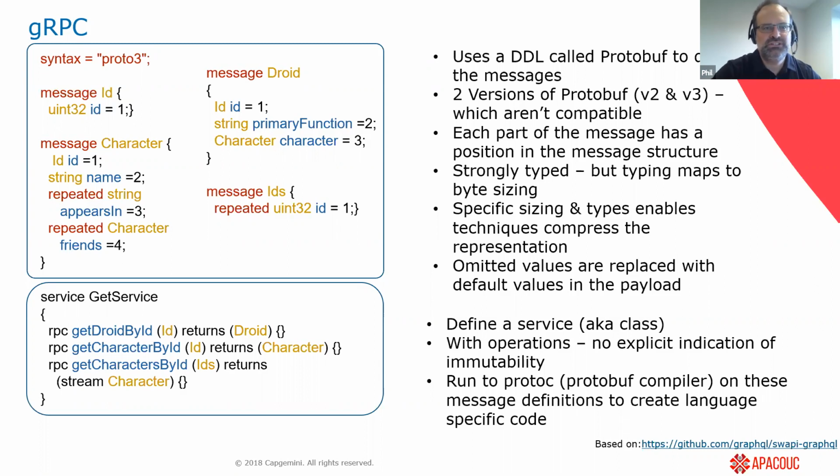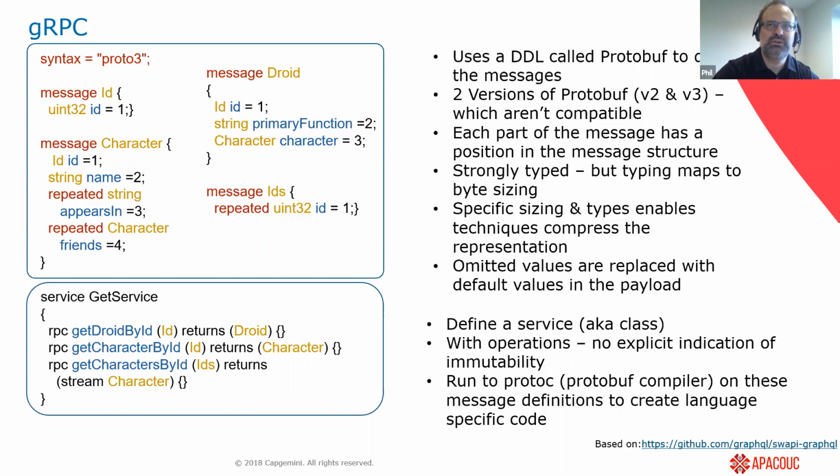It uses a syntax called protobuf or proto, and there are two dominant versions, and there are some breaking changes between the two. So protobuf version 3 is well established.